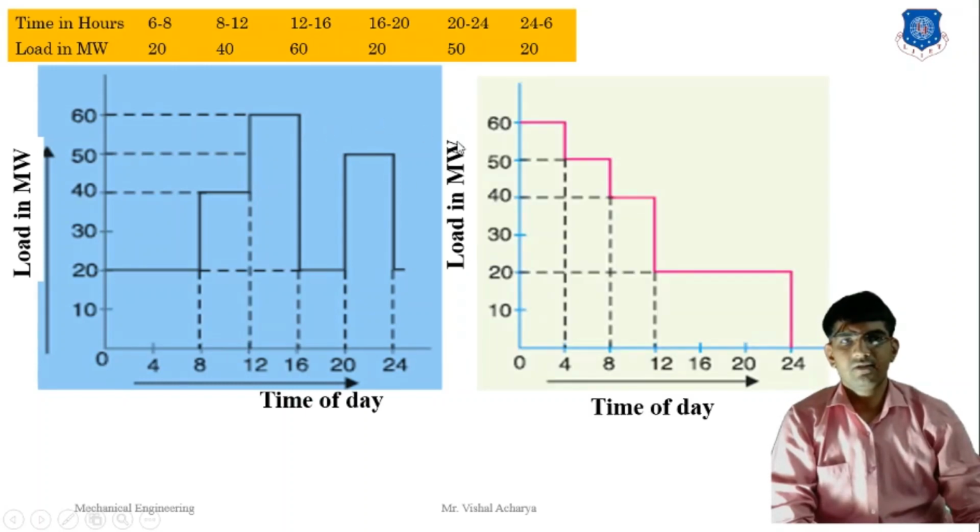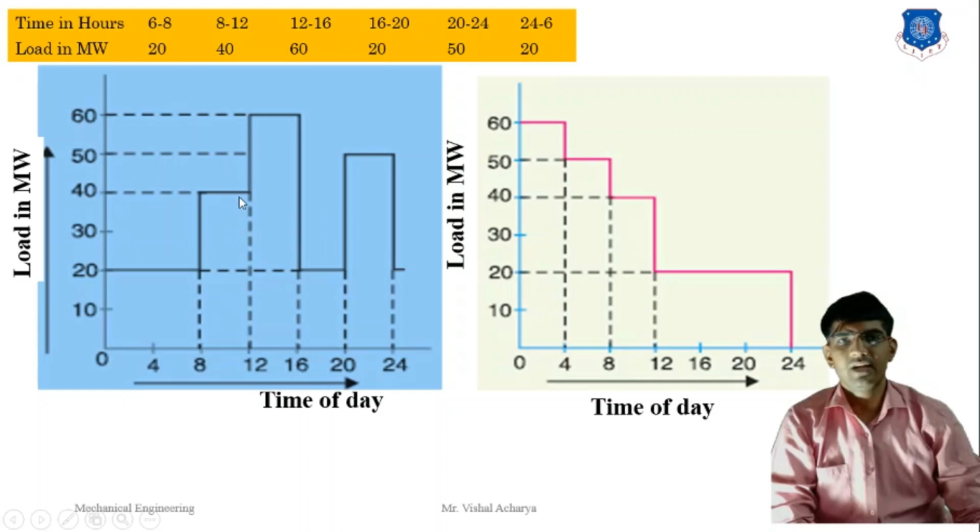From this we plot the load duration curve. First, the maximum load is 60 megawatt, with duration 12 to 16, which means 4 hours, so 0 to 4 hours at 60 megawatt. Next, 50 megawatt for 20 to 24 means 4 hours duration.